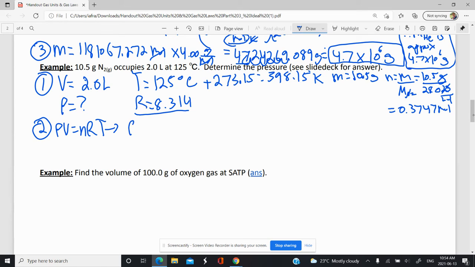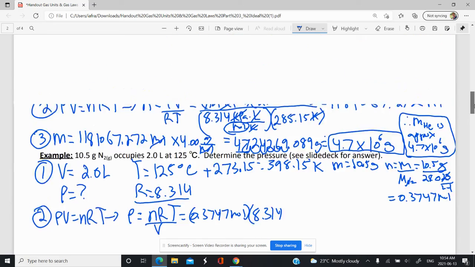And so if we want to find pressure, we just have to isolate for pressure by doing nRT over our volume, which is our number of moles, 0.3747 moles. And there's more digits, but they're in my calculator, times the 8.314. And then remember your units for that.